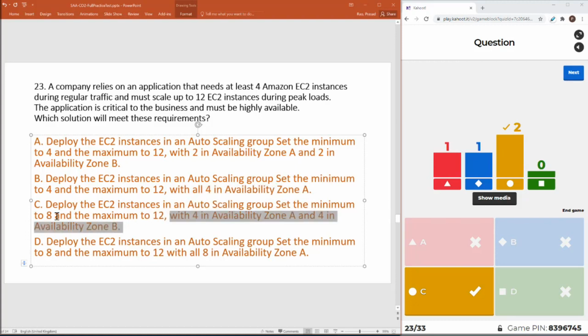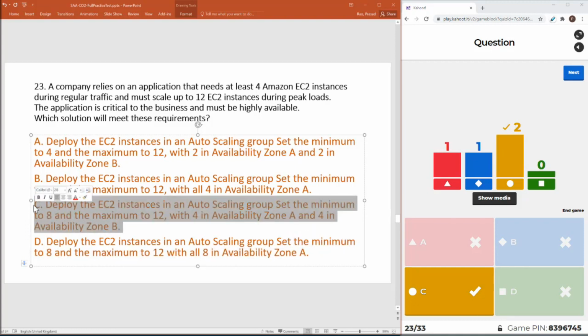Great. So overall 8 are running, and the maximum can be 12. It works well. Setting the minimum to 8 with all of them in availability zone A doesn't make sense, because if availability zone A goes down, the overall application will be down. So that leaves us with option C only.